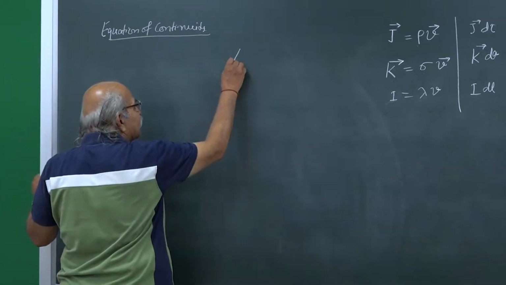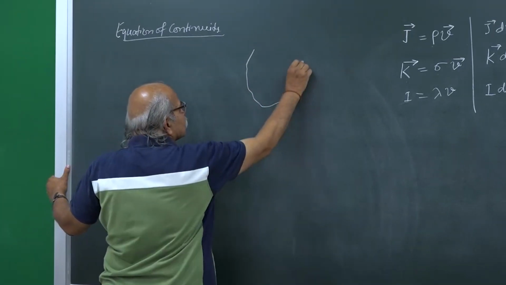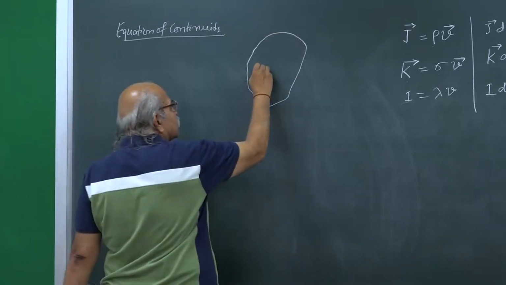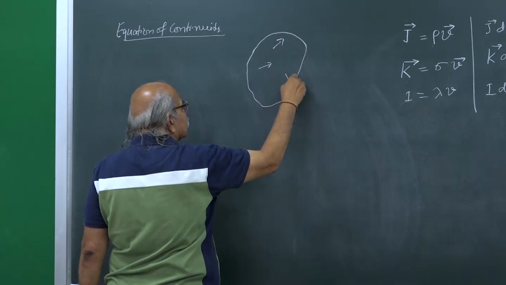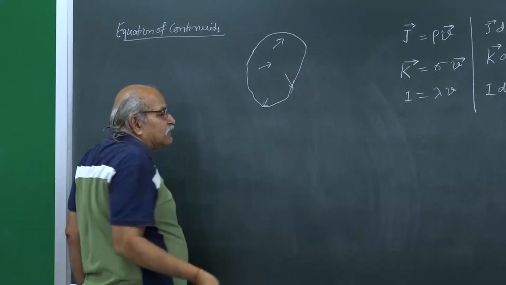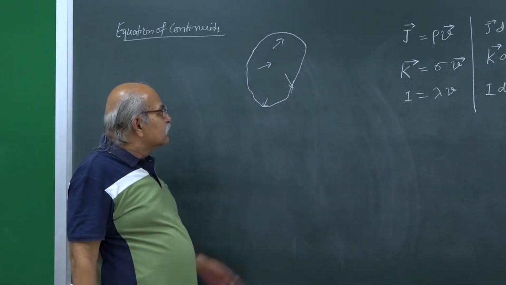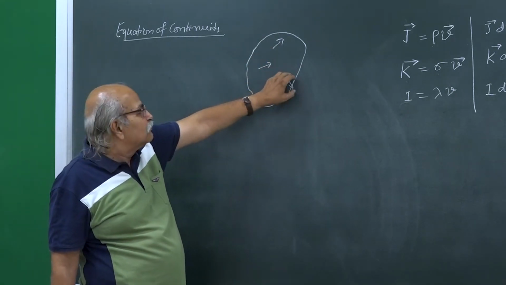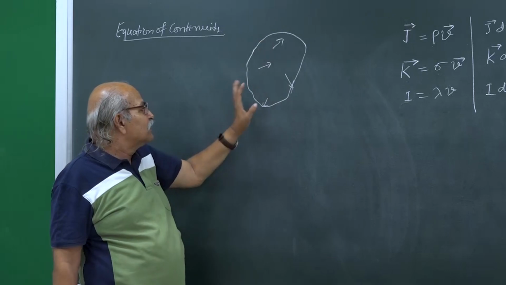So, essentially if we have some volume, and there are charges moving in maybe different velocities in different directions, crossing the surface of this volume from here, from here, from here, and so on.